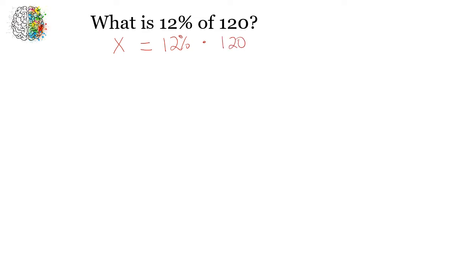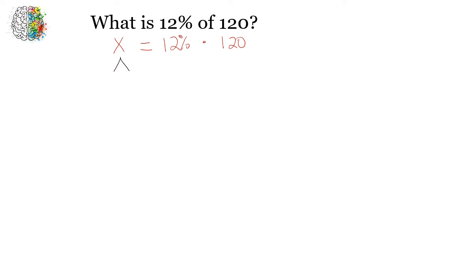So now that I have it in an equation, I want to use my formula of a portion equals percent times the total to help me figure out how to set up my problem correctly.